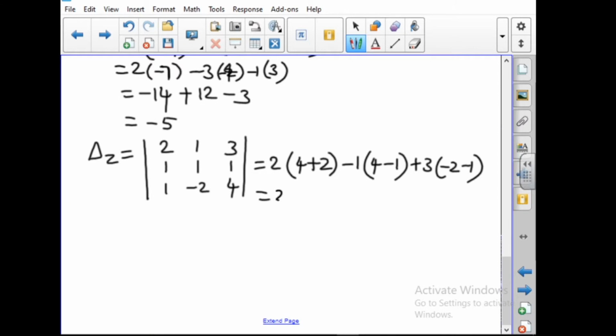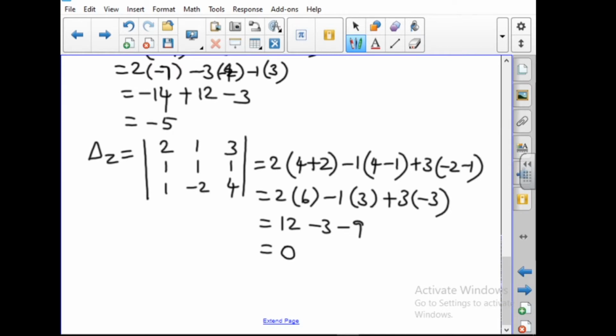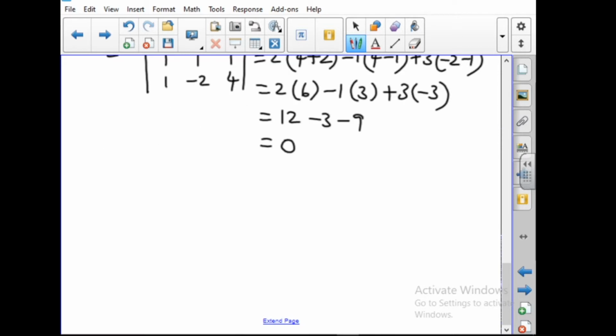So your answer is 2 into 6, minus 1 into 3, plus 3 into minus 3. So 12 minus 3 minus 9. So it is 0. Now we can use Cramer's rule to find the solution.